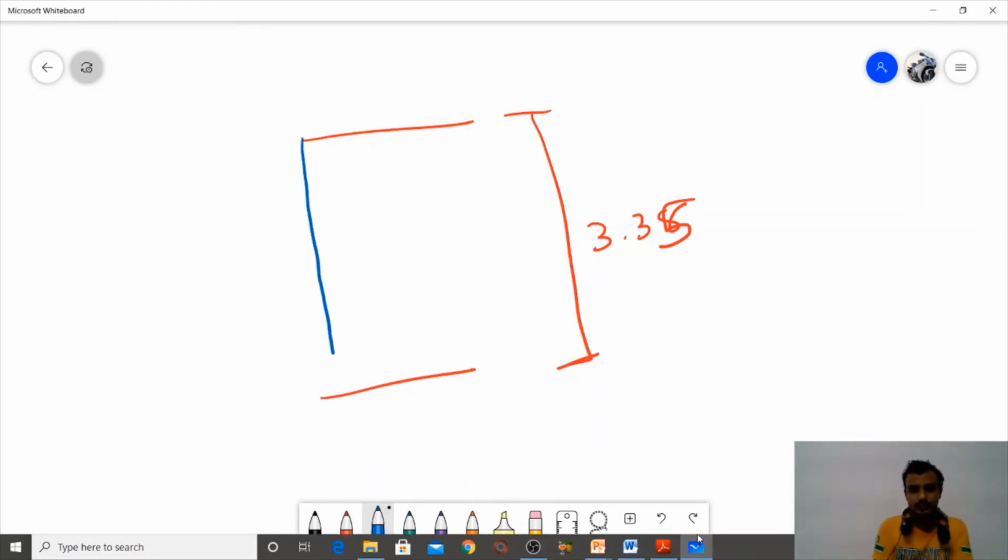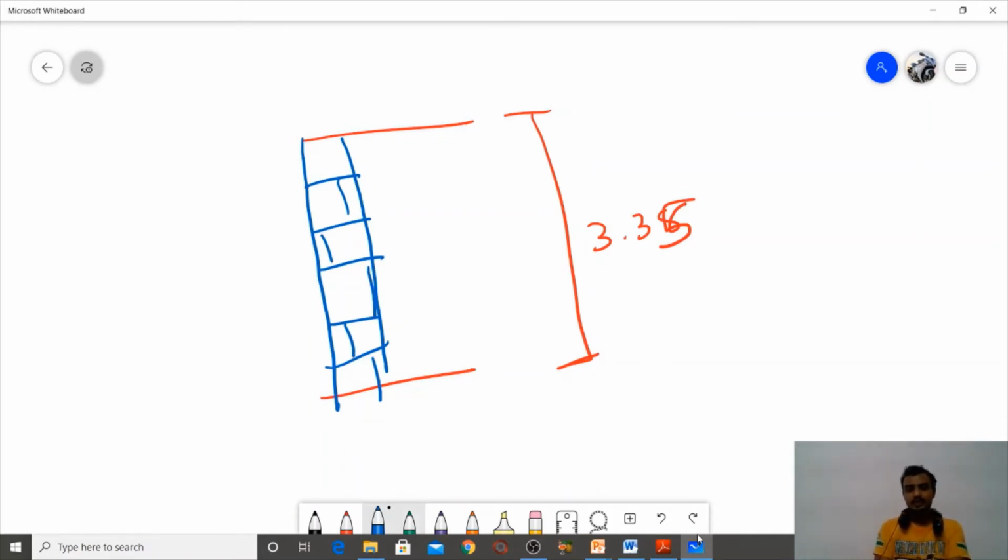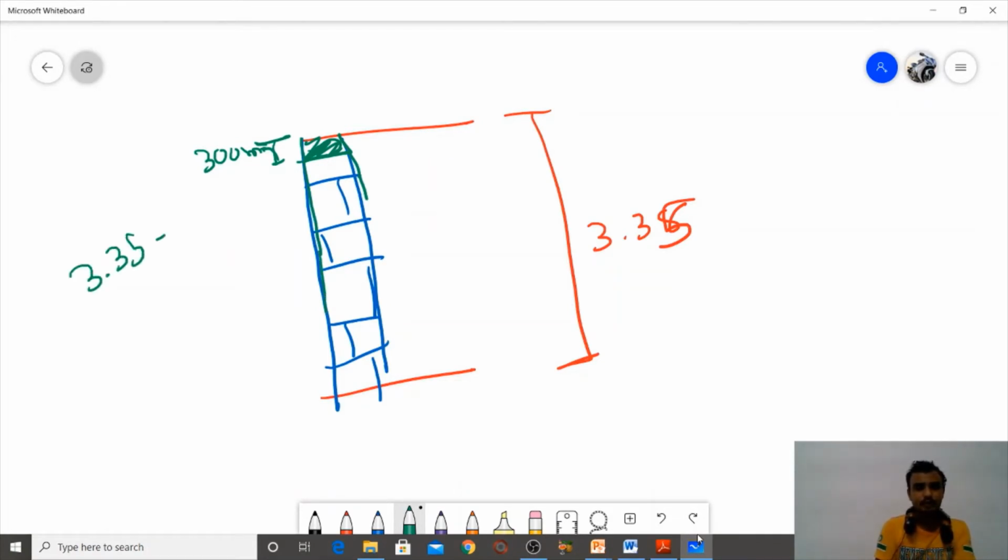Here is a wall, but above the wall we have a beam whose depth is 300 mm. So the actual wall height is 3.35 minus 0.3.